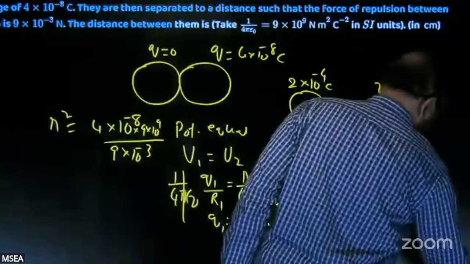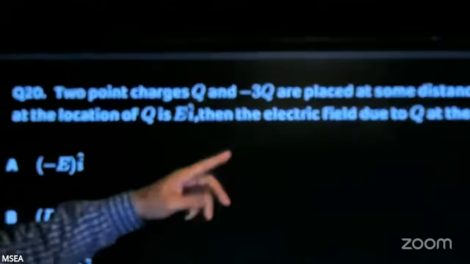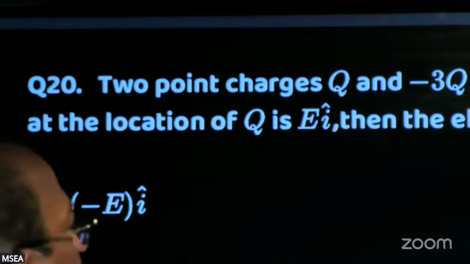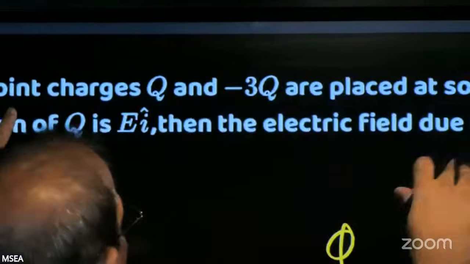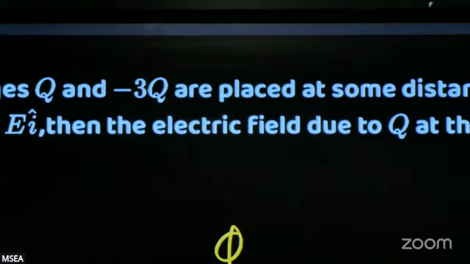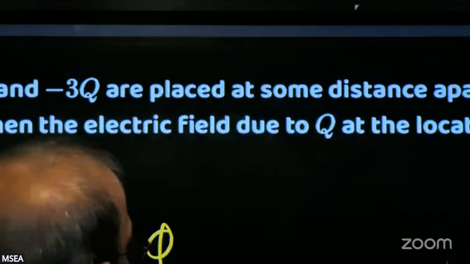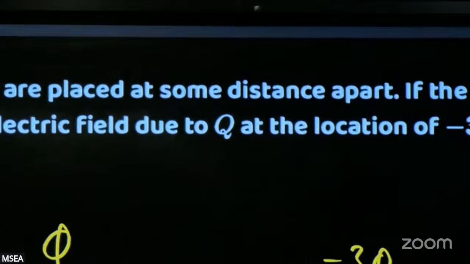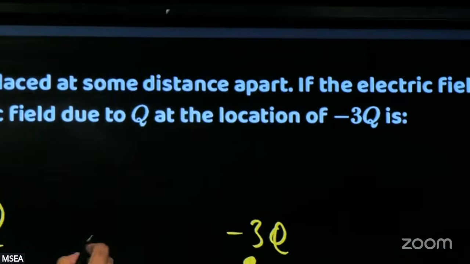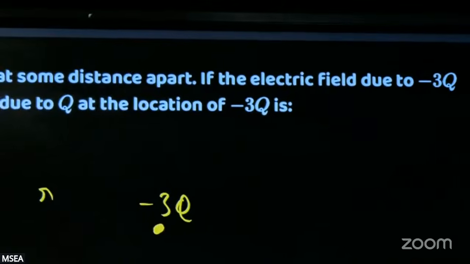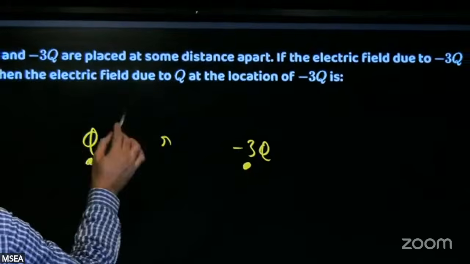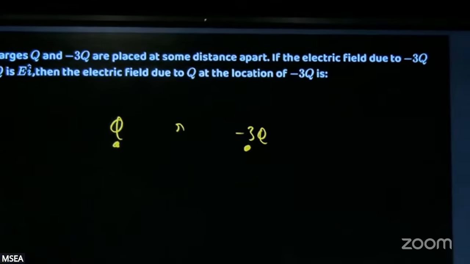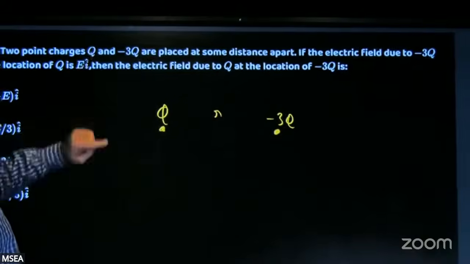Okay, let us go to the next problem. Two point charges q and minus 3q. If you start drawing a diagram like this immediately, you can quickly solve the problem. Q and minus 3q are placed at some distance, some r. If the electric field due to minus 3q at the location of q is E i cap, given.